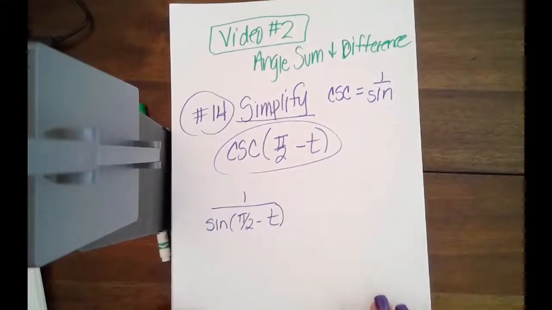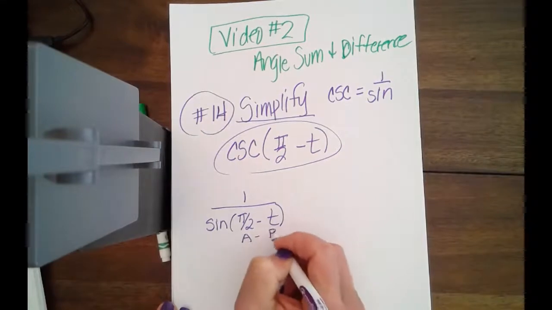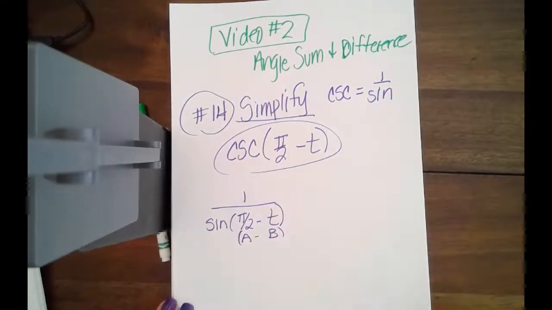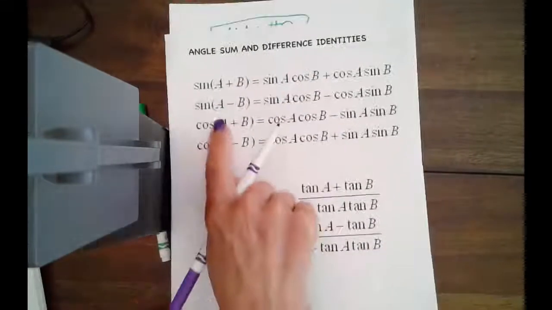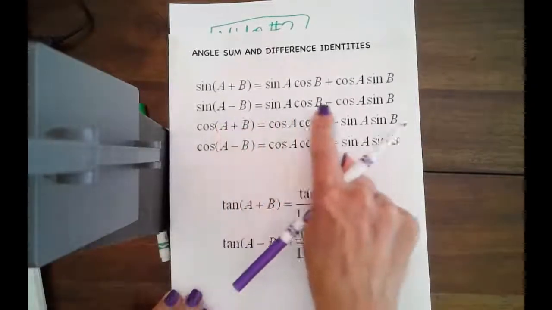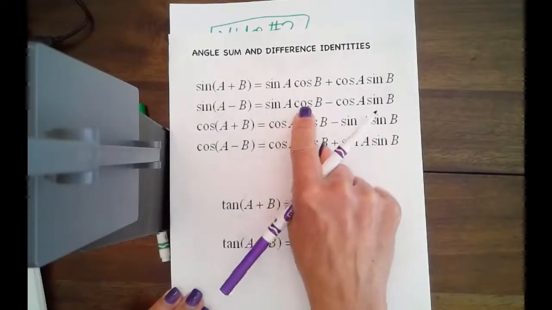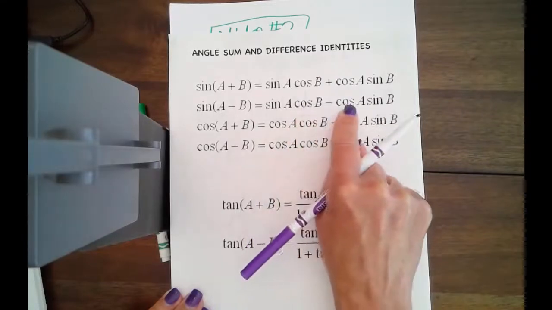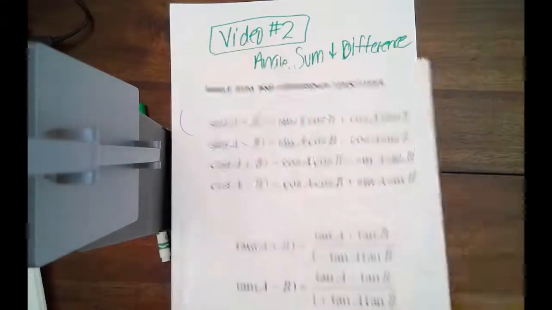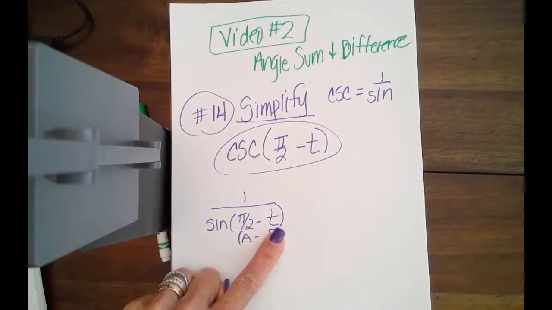In the next step, we're going to break this out and use our formula for sine of alpha minus beta. So the formula is sine of our first angle times cosine of our second, minus cosine of our first times sine of our second. This is my alpha and this is my beta.